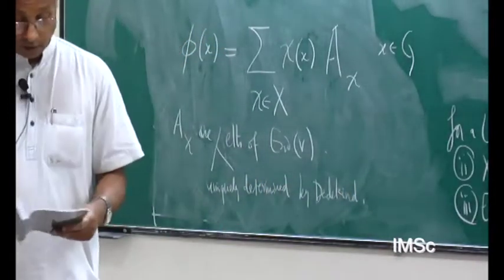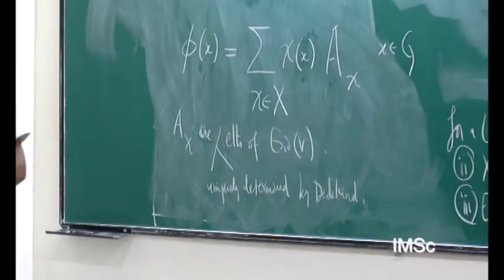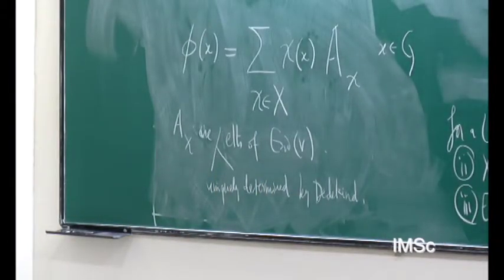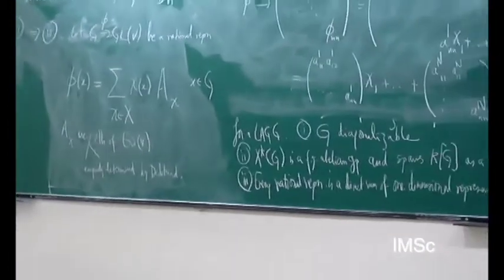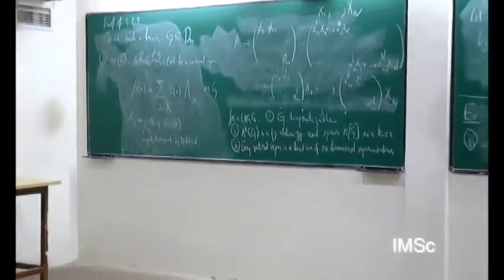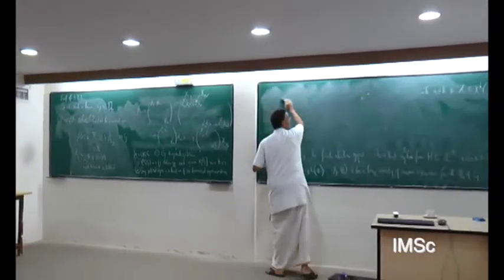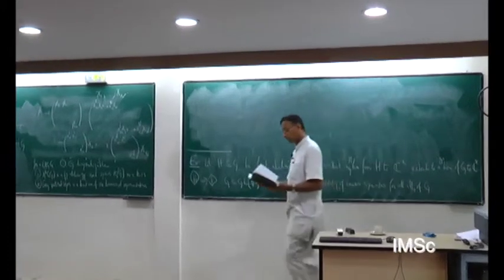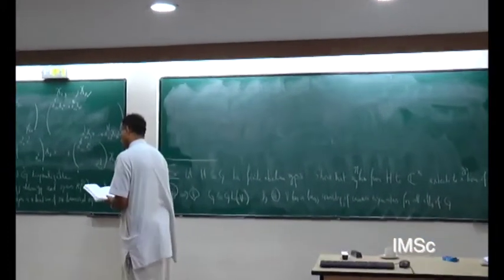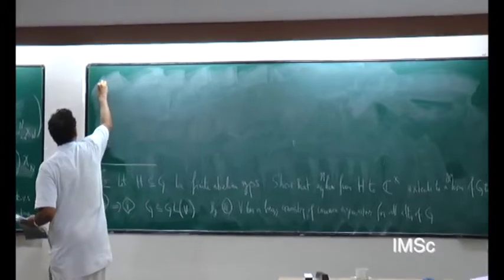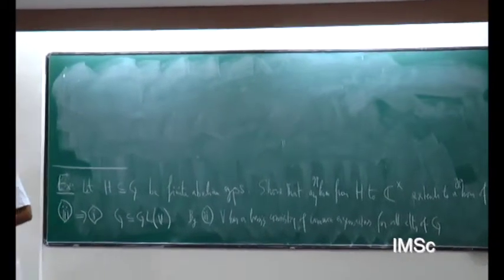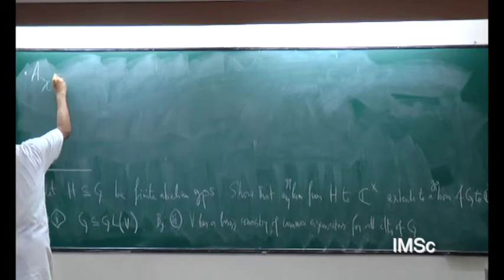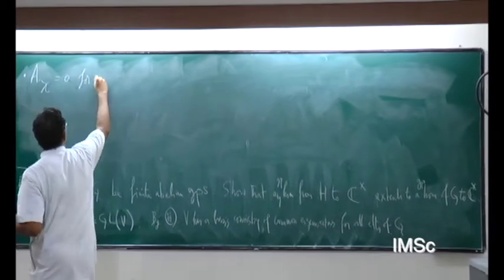Okay. Now, here are some comments he makes. These should be clear from the properties of these A_chi's. A_chi equals 0 for almost all chi.